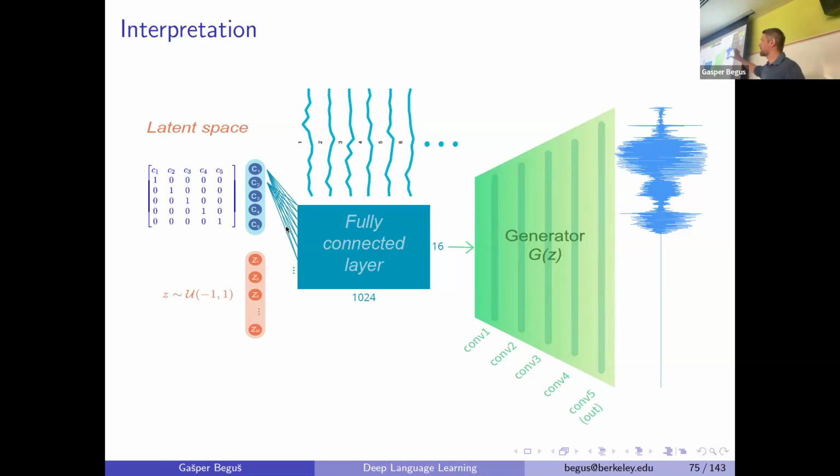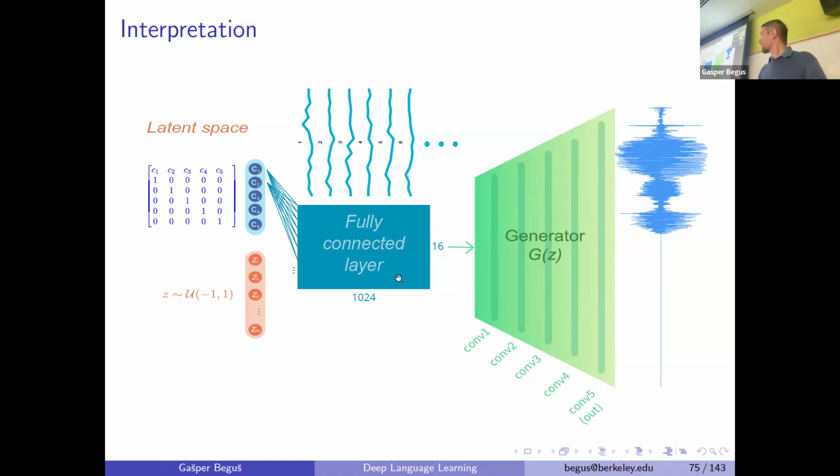So this is the first transformation that happens, and each latent variable will have 1024 times 16 weights that are learned.